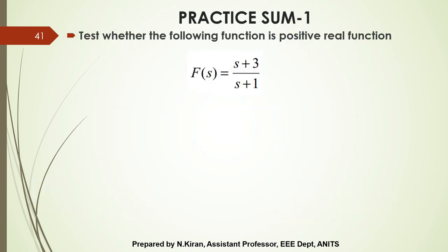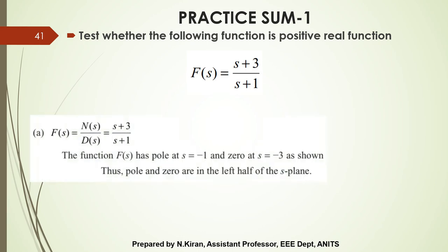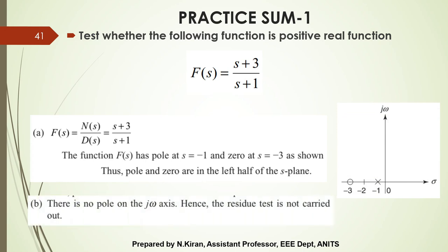So here, s plus 3 by s plus 1, isn't it? Here all the poles and zeros are on the left half of the s plane, as you can see. There is no need for the residue test as there is no pole on the j omega axis.